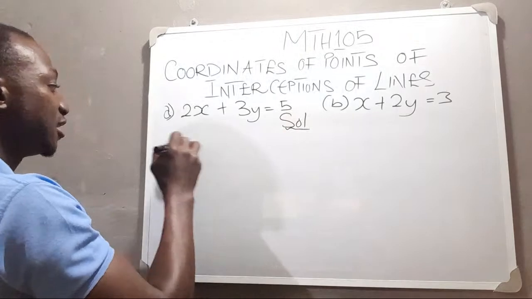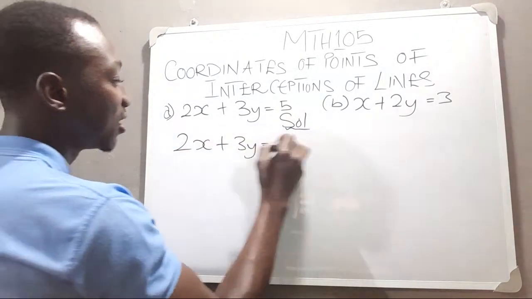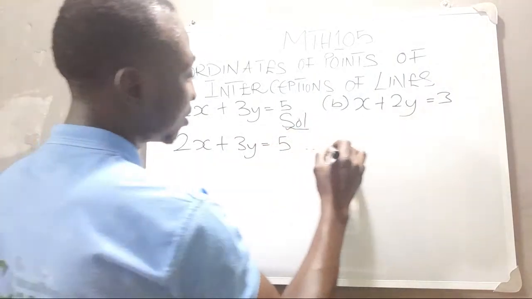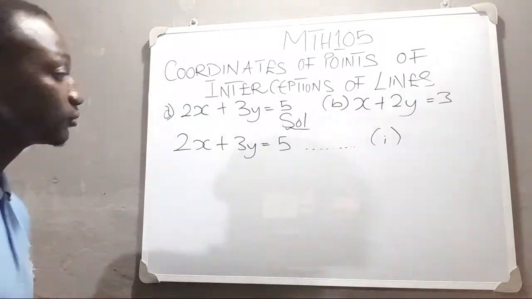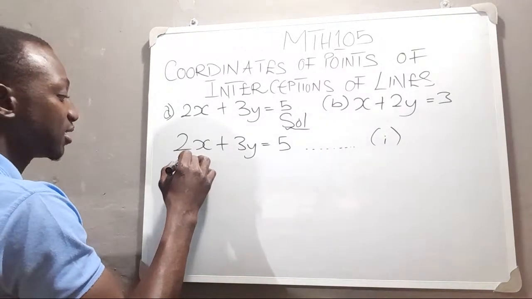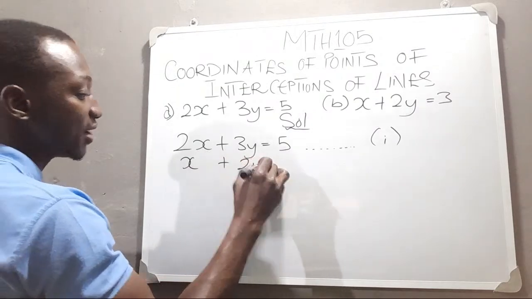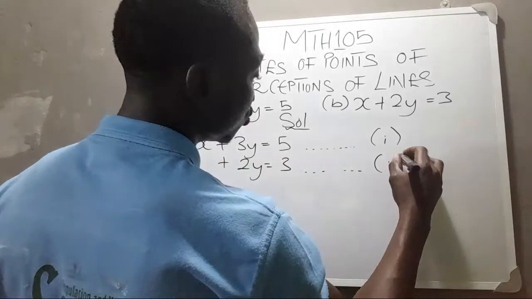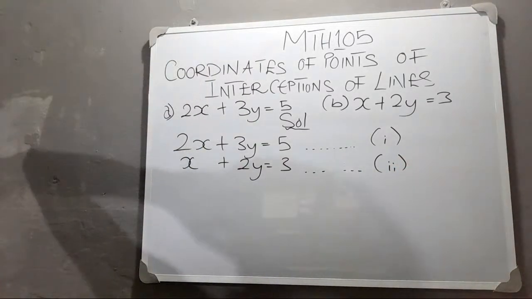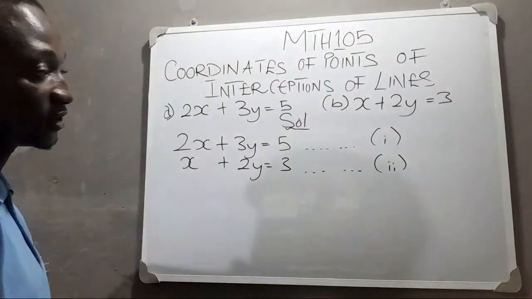So we can say 2x plus 3y equals 5 is our equation 1, and x plus 2y equals 3 is our equation 2. Now, what is expected of us in a situation like this?